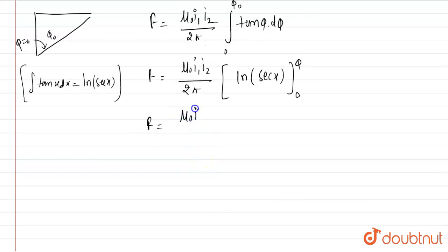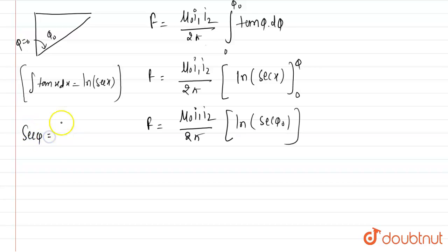So mu naught I1 I2 upon 2 pi times ln sec phi naught. From the triangle we can find the value of sec phi. Sec phi is equal to root of a square plus l square upon a.